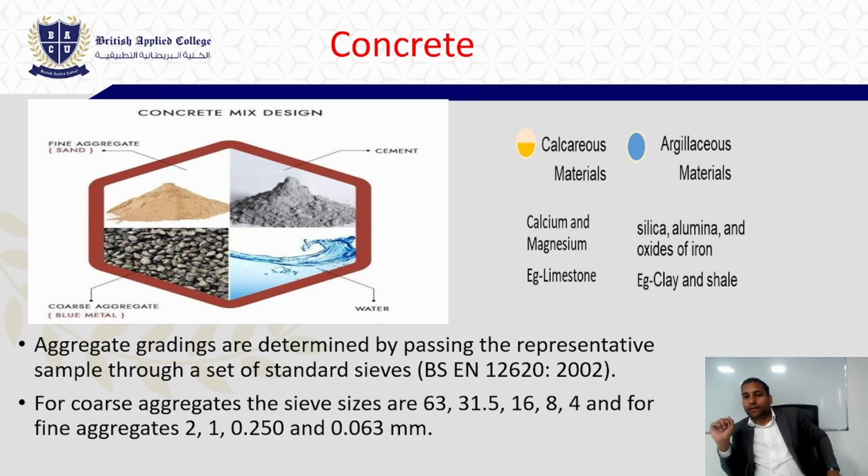That is, the total area of the slab is 2 into 5, 10 meter square. Suppose its depth is 15 centimeter, that is 0.15. So 10 into 0.15, it is 1.5 meter cube of concrete you will need.